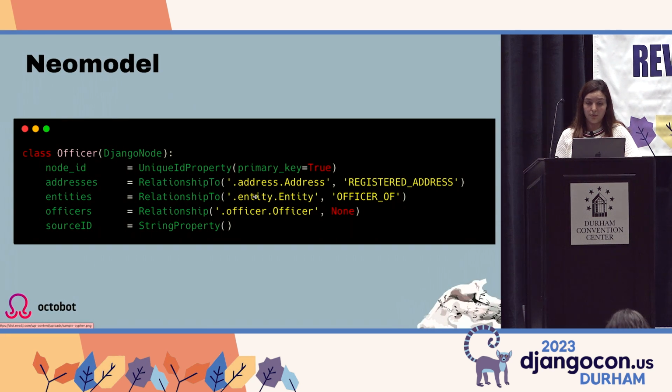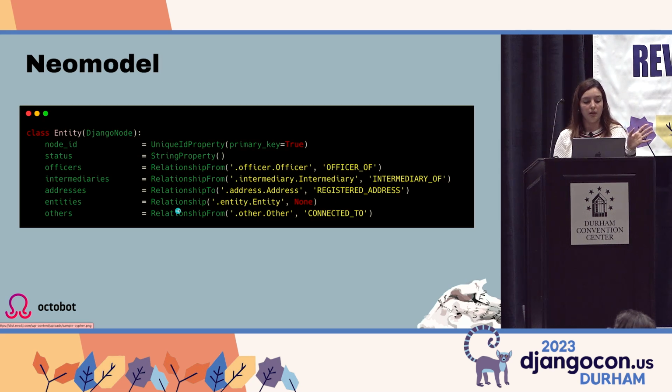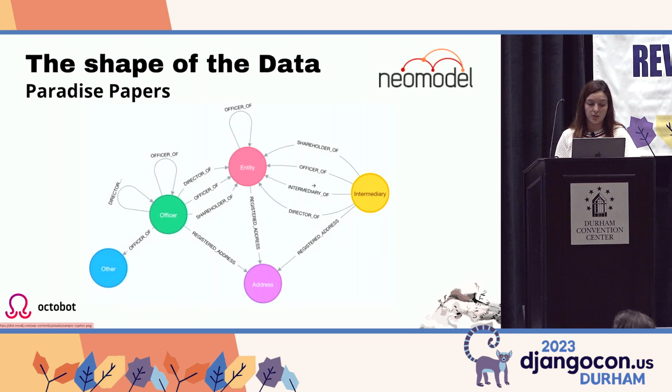And this is the same but for officer. So if we see here, for entities, we have a RelationshipTo, and this is the name of the relationship. Here we import the model. So in officer, we have entities and RelationshipTo. But if we go back to entity, we have officer that has a RelationshipFrom, and it's the same name of relationship.